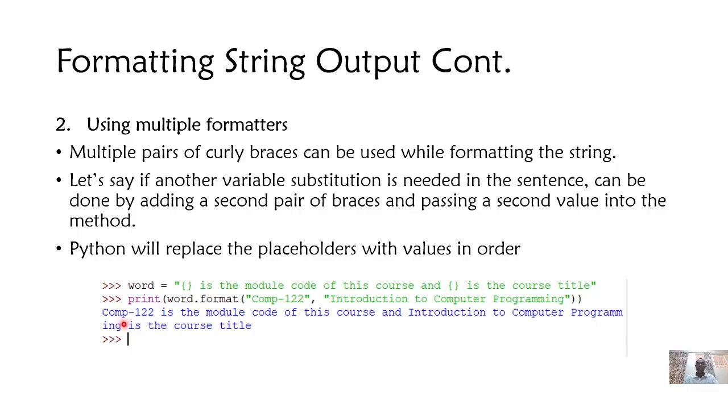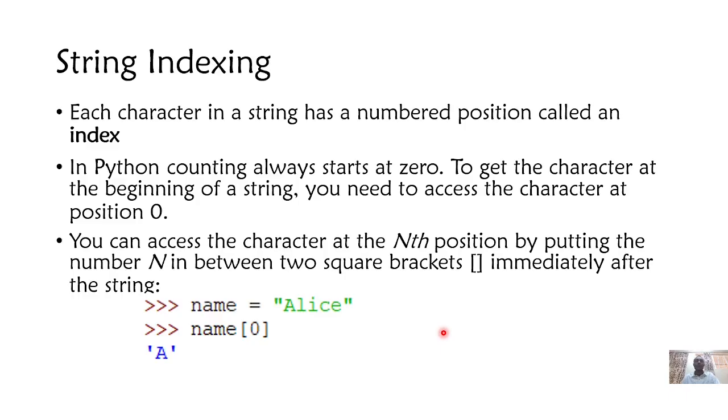So it says compu-122 is the module code of this course. This is just a placeholder, and it will take this particular arrangement. If we have a third argument, we should also have a third pair of curly brackets. That is how it's going to be printed.